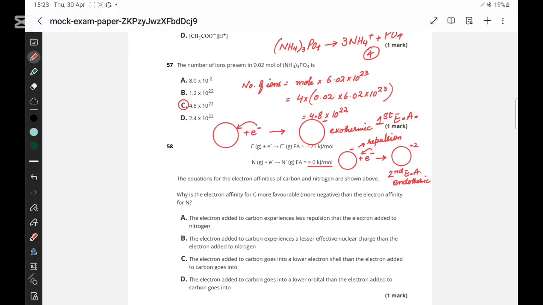So you can say the electron added to carbon experiences less repulsion than the electron added to nitrogen. So when you are adding an electron, it is going to face repulsion. That's why it is going to have more repulsion when an electron has been added to nitrogen, and when an electron has been added to carbon, it is going to have less repulsion. So option A justifies that, and so it is going to be our right answer.